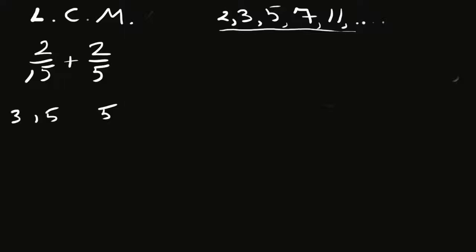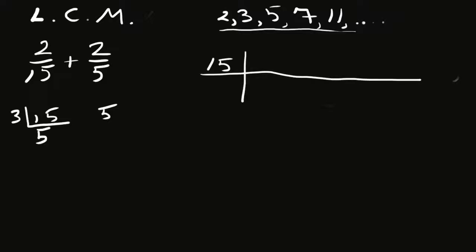Well, I believe so. 3 goes into 15 5 times. So 15 prime factors into a 3 and a 5. And as for 5, well, that's already a prime number. It's the third of our prime numbers, so we don't have to factor that at all.